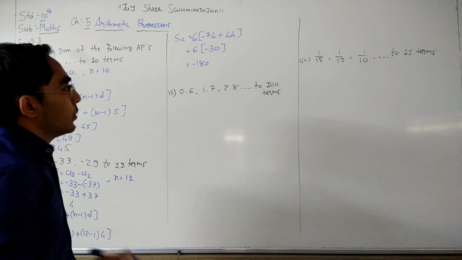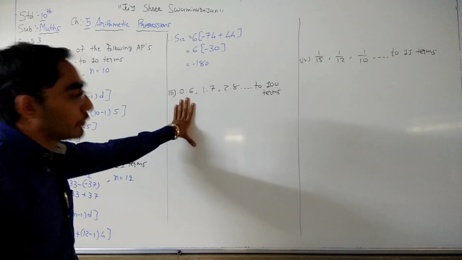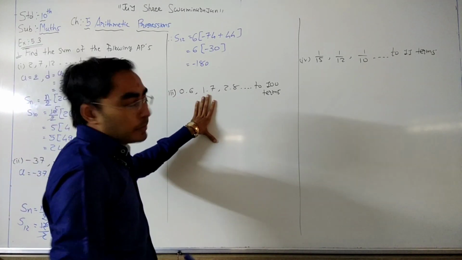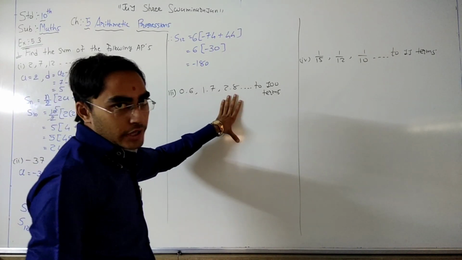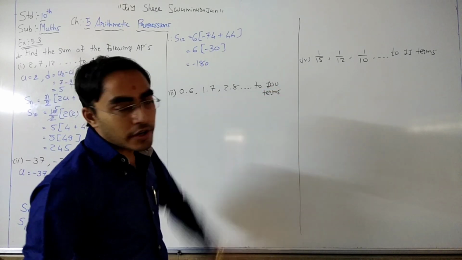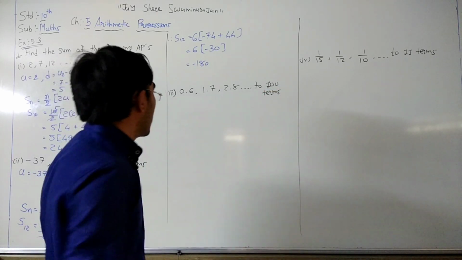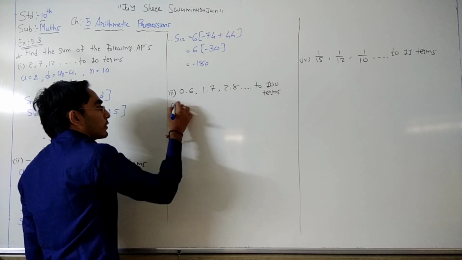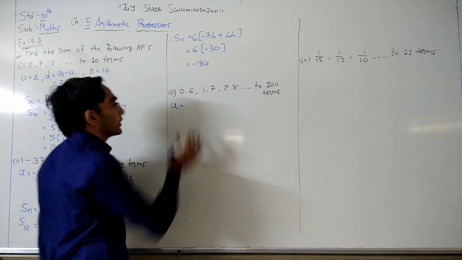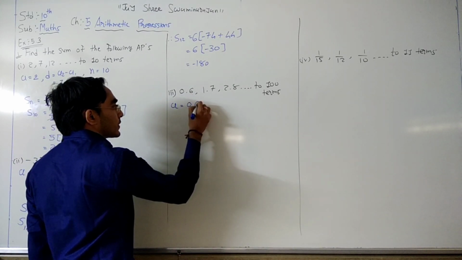Okay, now our third question: 0.6, 1.7, 2.8, up to 100 terms. So now our first term a is equal to 0.6.